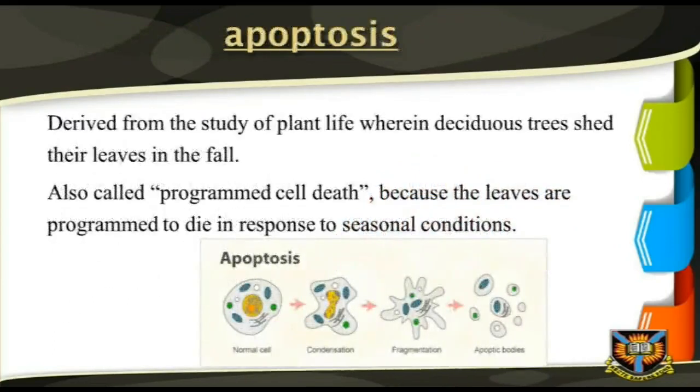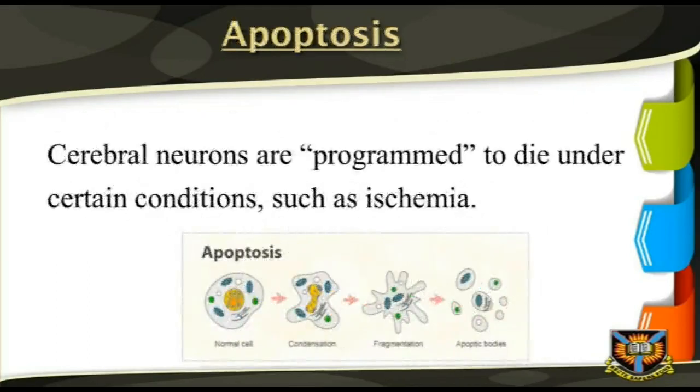The term apoptosis is derived from the study of plant life, wherein deciduous trees shed their leaves in the fall. This is also called programmed cell death because the leaves are programmed to die in response to seasonal conditions. Similarly, cerebral neurons are programmed to die under certain conditions, such as ischemia.